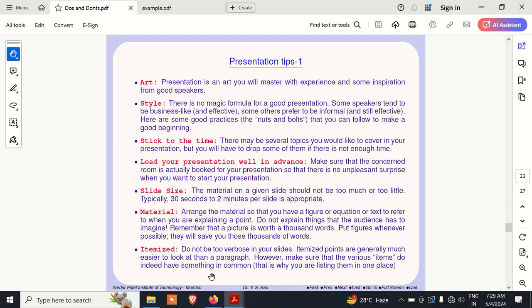Earlier, we have discussed about how to write a technical paper. Now, in this session, we will discuss about how to prepare a presentation. Since we are talking in the context of technical paper writing, technical presentations, there are some tips one can use while giving the presentations.